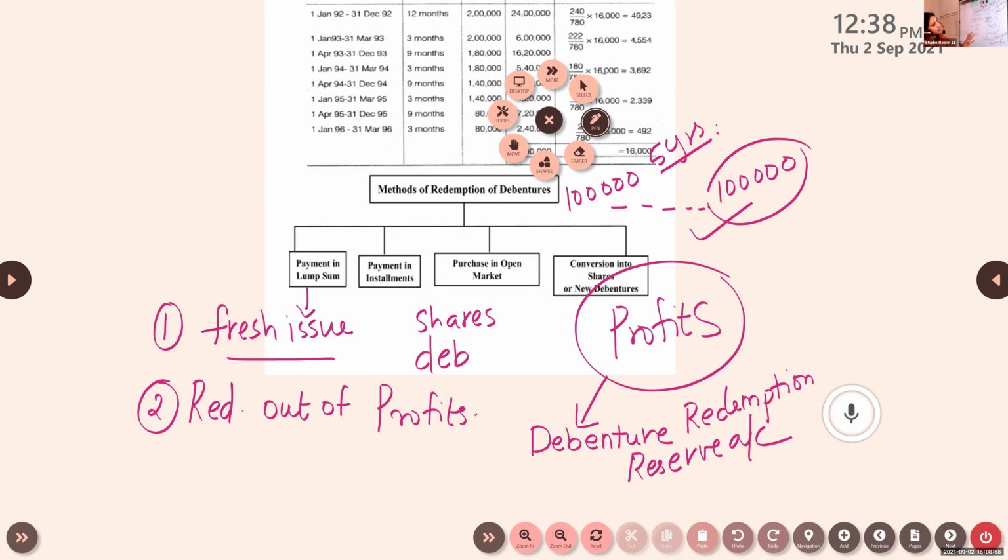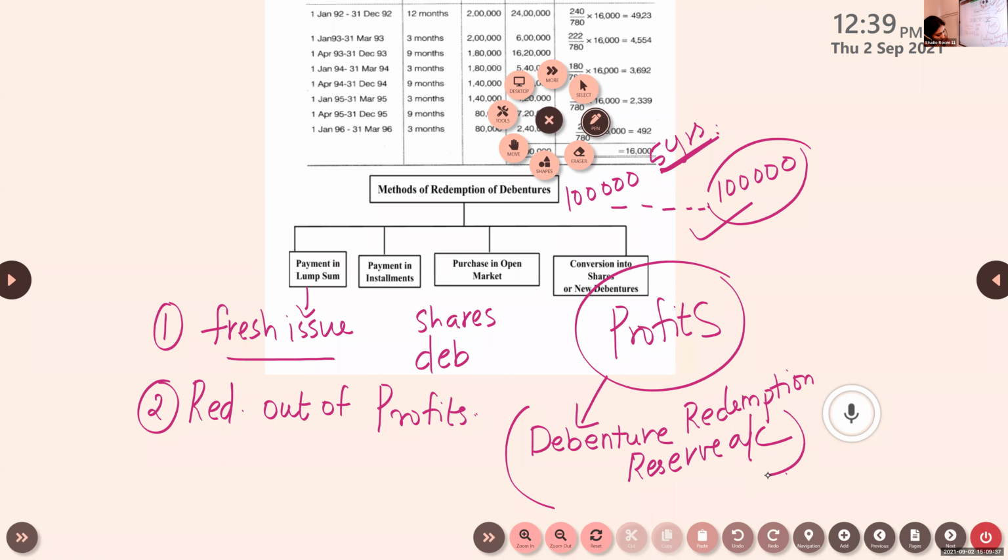For all the 5 years, they'll be keeping aside some money in it. So at the end of the 5 years, you will have this money. They'll take the money required from this account and pay off the debentures. Clear? That is the second method.